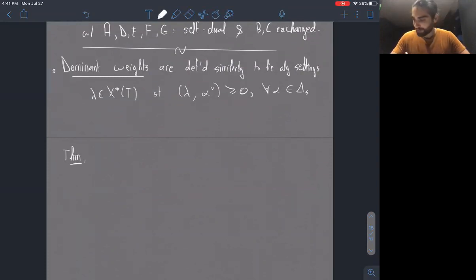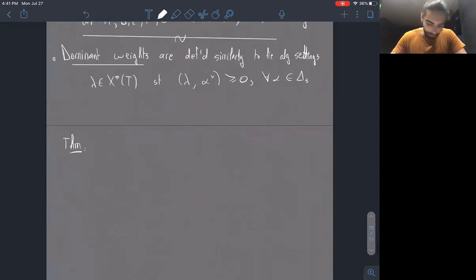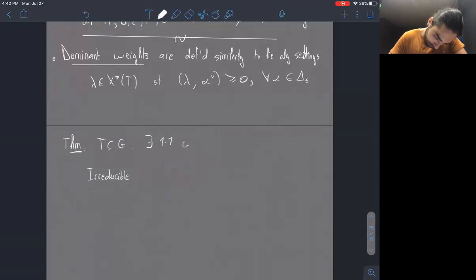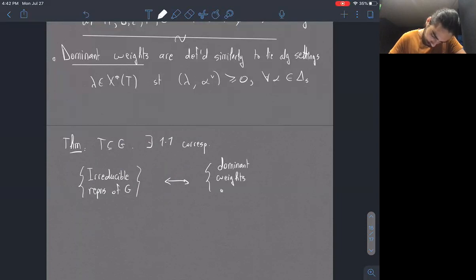If we take G as before, a connected reductive group over K with a choice of maximal torus T, then we have a one-to-one correspondence between irreducible representations of G and dominant weights in the weight lattice X star T.